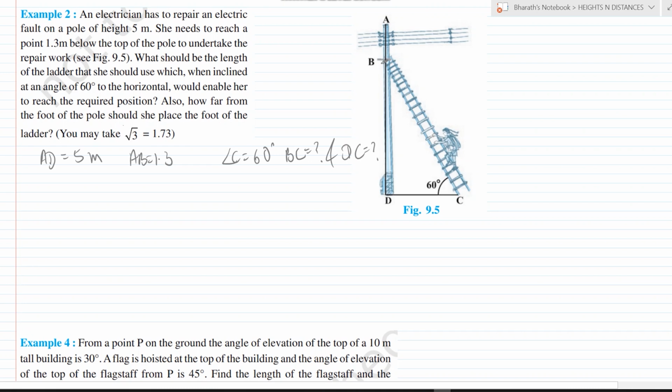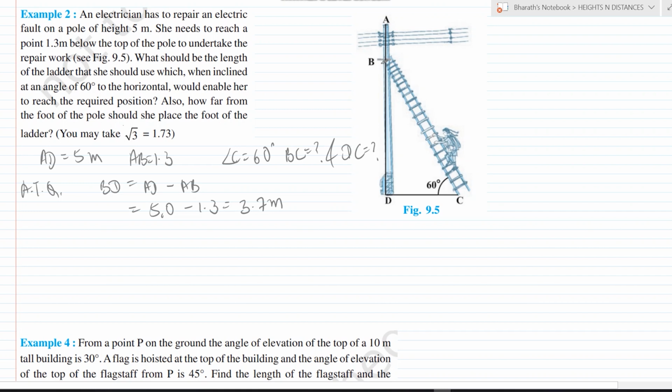Fine. Now, according to the question, BD is equal to AD minus AB. Therefore, 5.0 minus 1.3, which is 3.7 meter. Fine. Keeping this in mind, now we'll find BC.